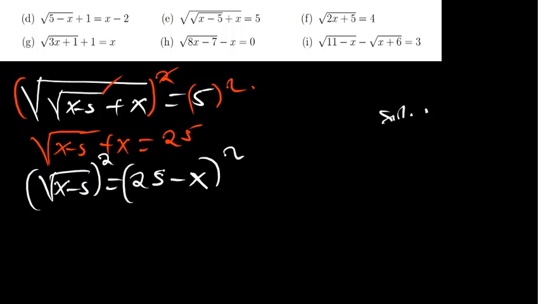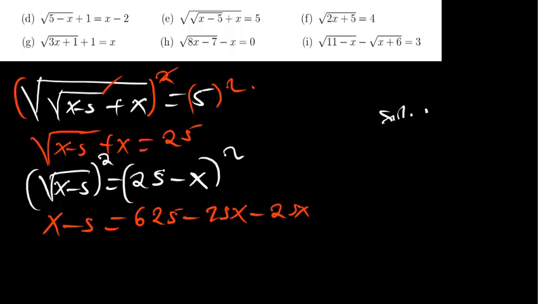Now squaring this is going to give me x minus 5 to be equal to, this one is going to be 25 times 25. What is 25 times 25? 625, right? Then 25 times x is going to be negative 25x. Then negative x times 25 is going to be negative 25x.